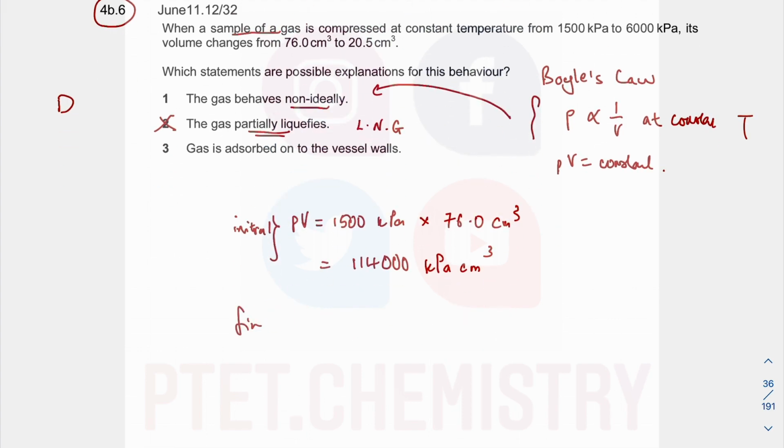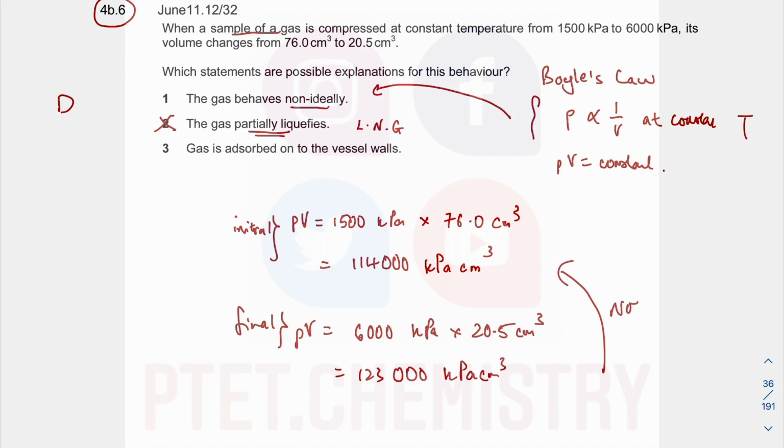And then for my final PV, after I apply pressure, I have 6,000 kilopascal, I multiply by 20.5 cm cube, and I get 123,000 kilopascal cm cube.